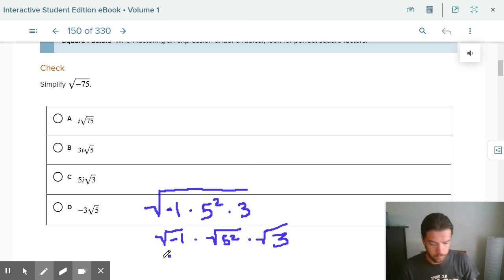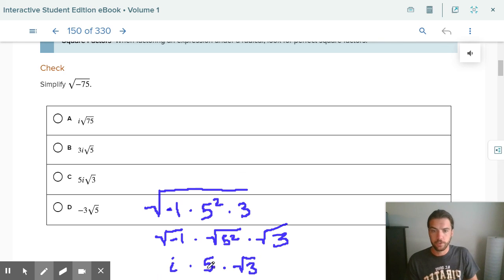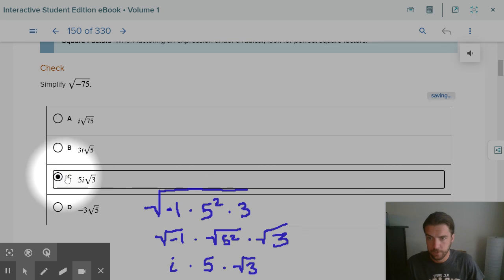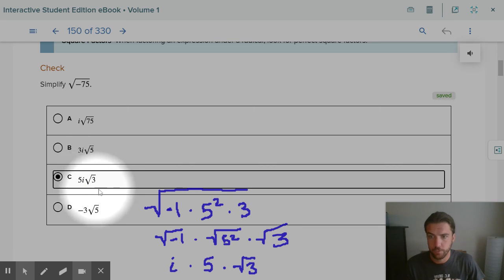Down here, the square root of negative 1 is i. This would just be 5. And the square root of 3 does not simplify any further. So when we put these all together, we get 5i root 3. So this is our imaginary root of this negative number.